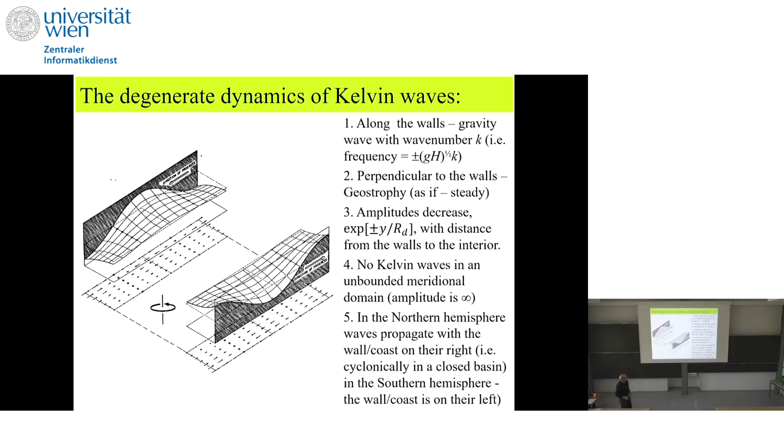Okay, and so the way the waves propagate is that in the northern hemisphere, the wall or coast is to the right, and in the southern hemisphere, it's the opposite. So if the waves propagate this way, and along this wall, they propagate this way. And again, it is a very unique solution to the equations.